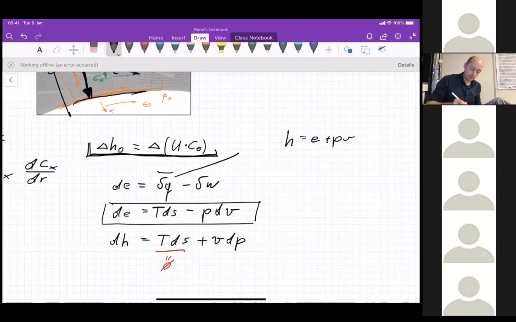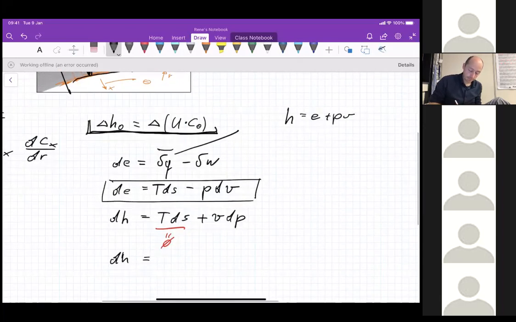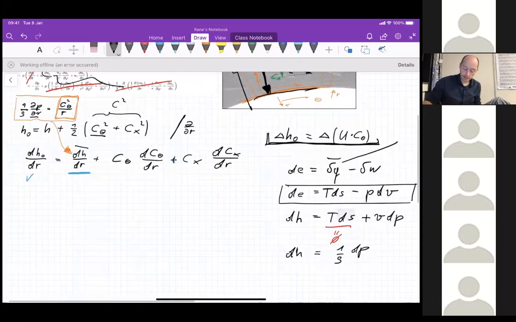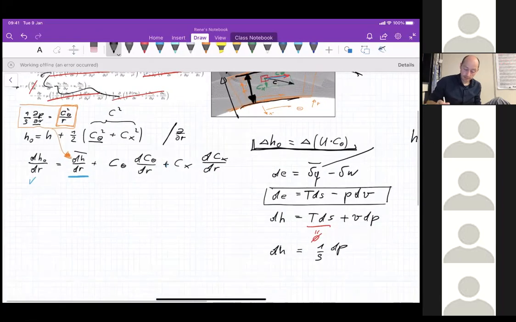Then we know that dH equals 1 over rho dP. And now you can see that I got this here, and I could nicely replace now this equation. I plug this in here.